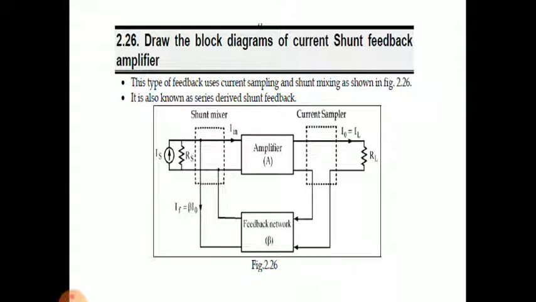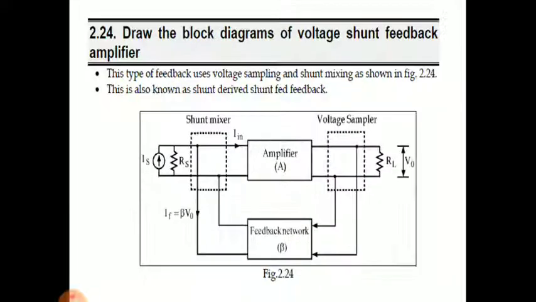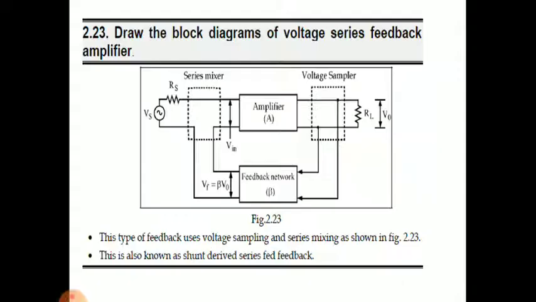This type of feedback uses current sampling, see the sampling network, and shunt mixing, see the mixing type, as shown in the figure. It is also known as series derived shunt fed feedback. So with this we have covered the 4 types of feedback amplifiers depending on the sampling and mixing.